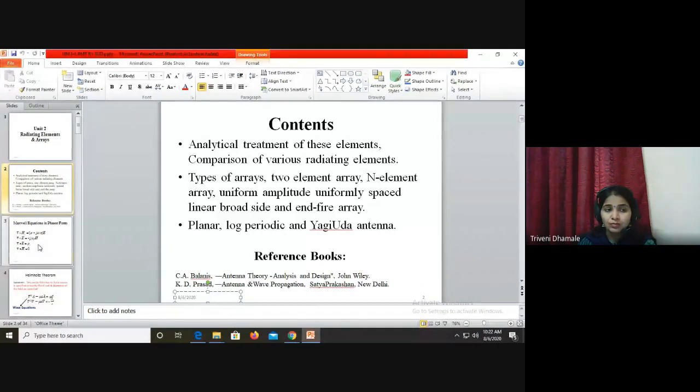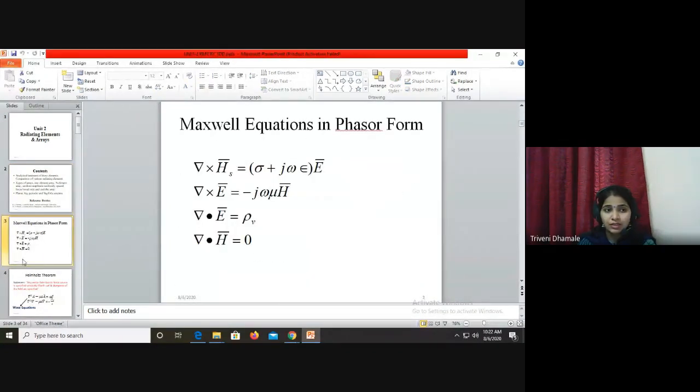Now we will first complete the basics of array, or just suppose again this Maxwell's equation. Everywhere we are going to use Maxwell's equation, because basic communication starts with Maxwell's equations. Whatever the electromagnetic waves, it is a combination of E field and H field, that is your Maxwell's equations.